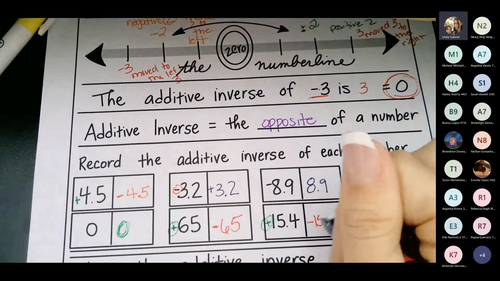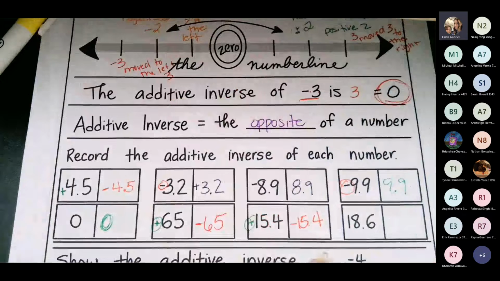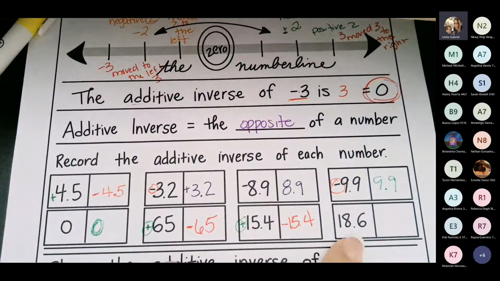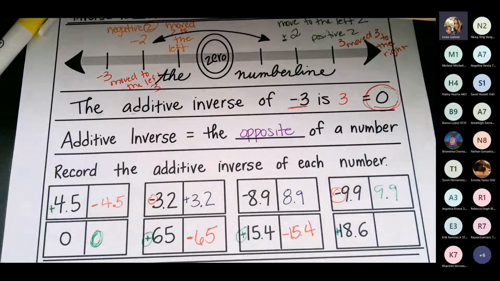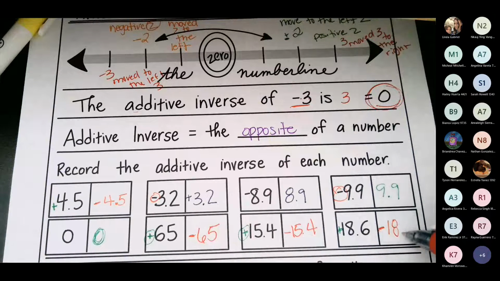Negative 15.4. Thank you, Ren. And then we have a positive, oh, thanks, Rebecca. I'll put a point down for you too. Positive 18.6. Perfect. Negative 18.6. And it really is that easy. Again, it's just the vocabulary that we have that makes it seem difficult.